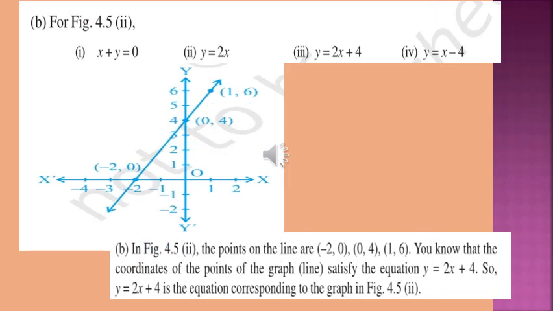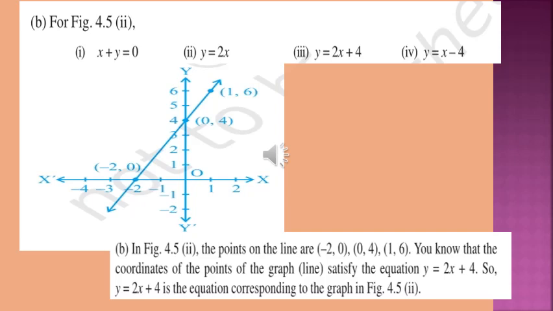In the second graph, the coordinates are (1, 6), (0, 4) and (minus 2, 0). Let's start. First add them: x plus y equals 7 would need 1 plus 6, which is 7, but the other points do not fit, so it is not the equation of the given graph. Now y equals 2x. Here y is not double of x, so again this is not the equation.